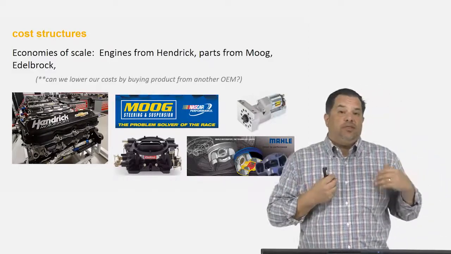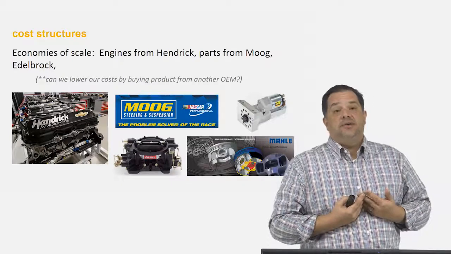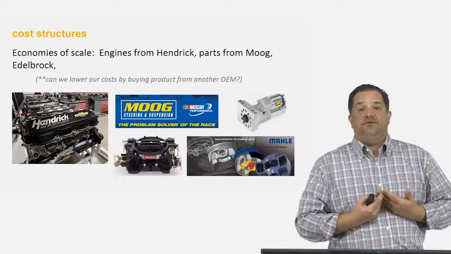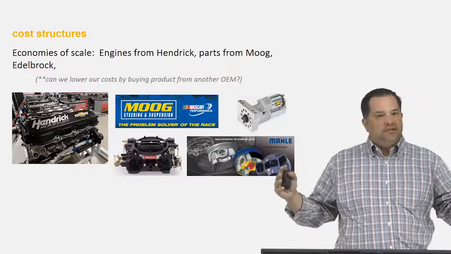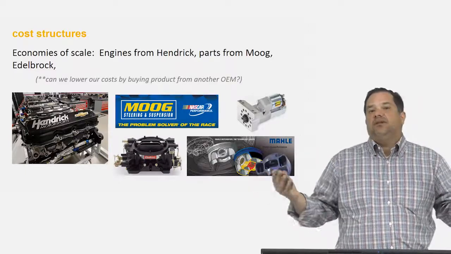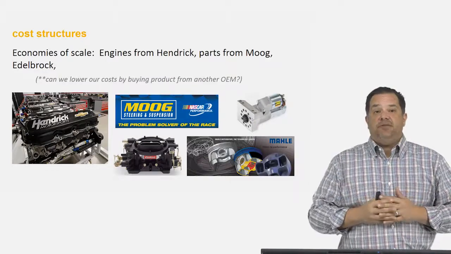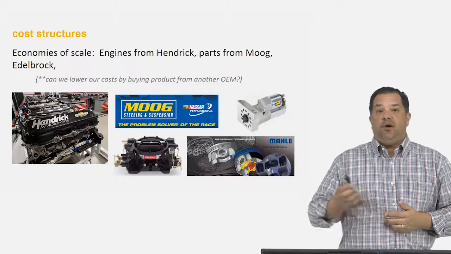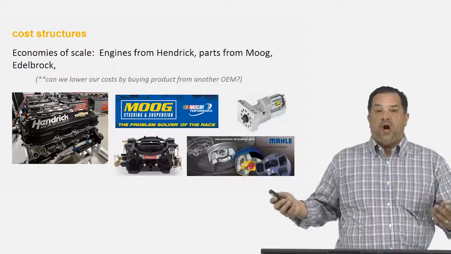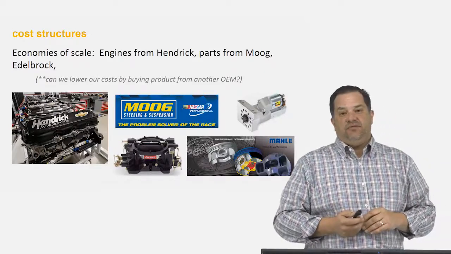Now, when we think about cost structures, we also want to try to figure out economies of scale and economies of scope. So in a lot of cases, we know the bigger the business, the bigger the scale, the lower prices that we can get. Some examples of this are getting our engines from Hendrick Motorsports, getting our parts from Moog and Edelbrock and some of the other companies that you see their logos on the front fender of those cars.